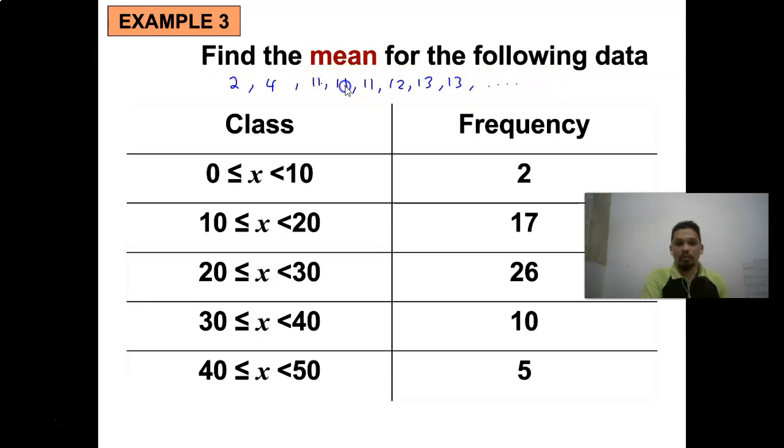Okay, 1, 2, 3, 4, 5, 6, and count on until maybe 17 times, as long as the numbers lie in between 10 and 20. So all this raw data we process until we can come up with a table and make a class for each range of x, all in the same range of 0 to 10, 10 to 20, 20 to 30, and all that.